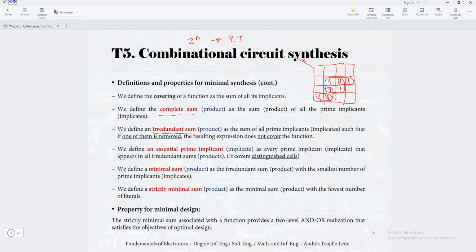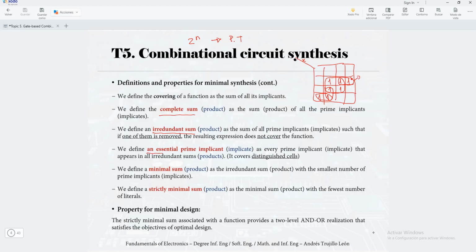If we don't include this product term, this one is going to be uncovered. So the irredundant sum is going to include all the prime implicants, so that if we remove one of them, we are going to leave ones uncovered.